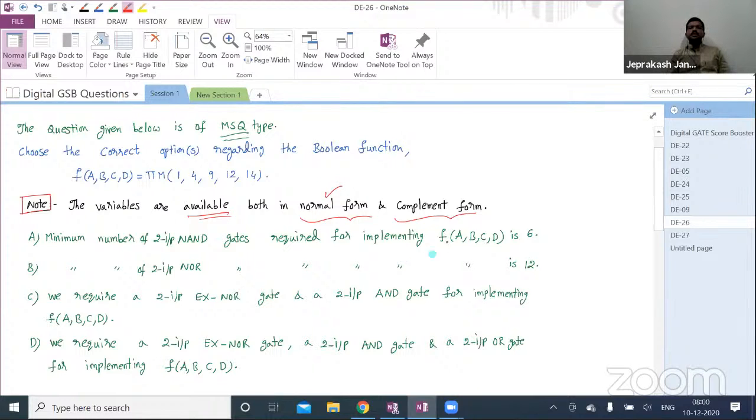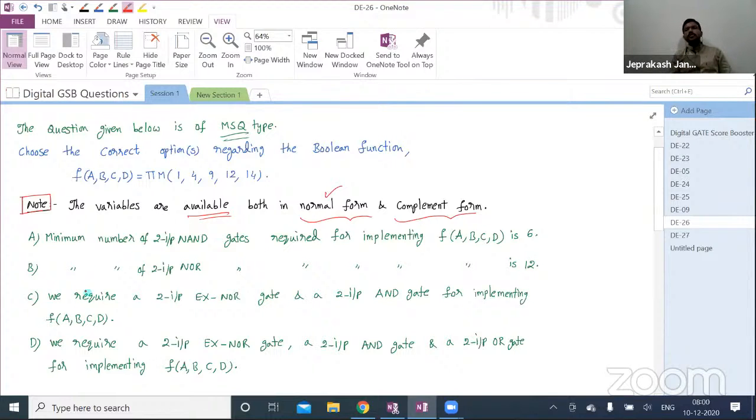So these are the conventions you have to follow whenever you attempt questions related to minimum number of NAND gates or minimum number of NOR gates, etc. Whether the variables are available in normal form or complement form, you have to observe the data given in the question, because the answer will vary based on that.